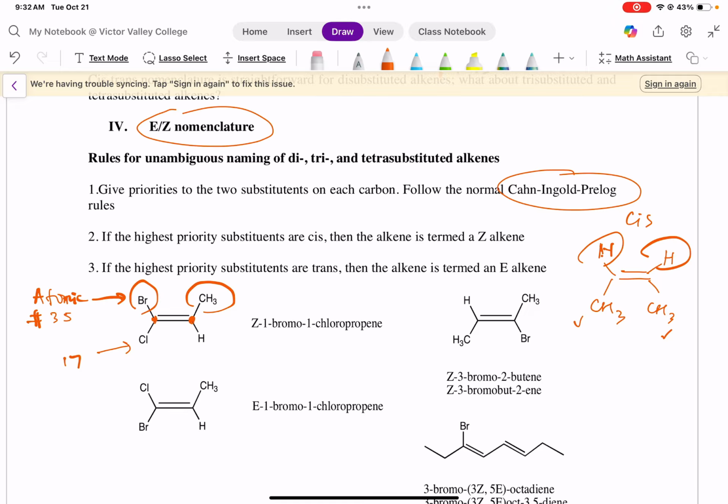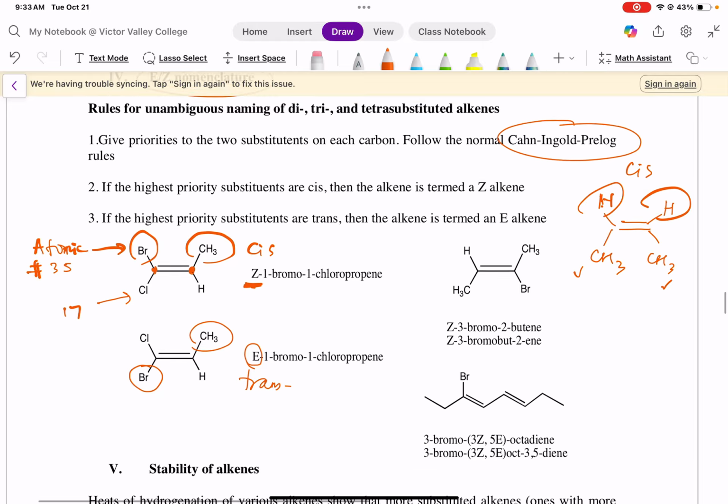So we all know methyl is higher than hydrogens. Okay, so by looking at those two, we call that a cis. Two higher substituents or branches on the same side, we call that a cis. Now, with the new nomenclature, we call that a Z. So cis is the same as Z. And then this one, we call that a trans or E. All right? So that's the idea.